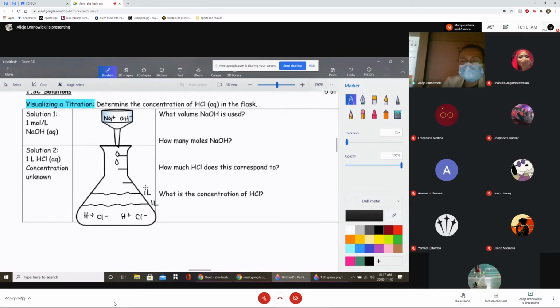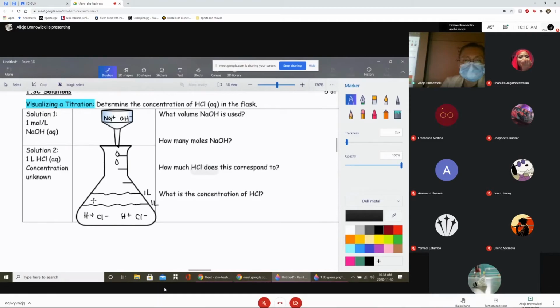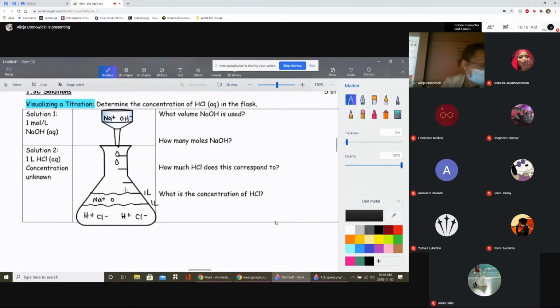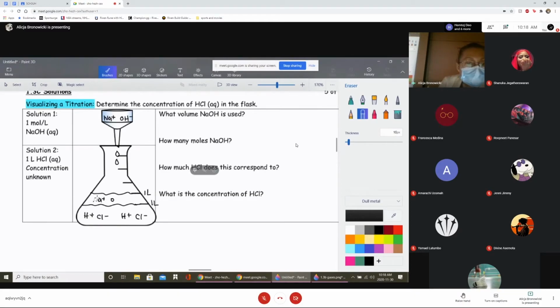If I drip in a liter and it's 1 mole per liter, I've dripped in 1 mole of sodium hydroxide. Sorry, I need to make these a very precise size because I need to do something.